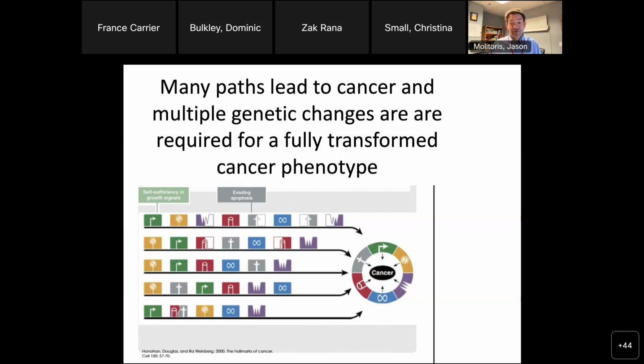Again, you do have to end up at a place where you have all of these in order to be a malignancy. But it is interesting to think about these changes occurring in a differential fashion.